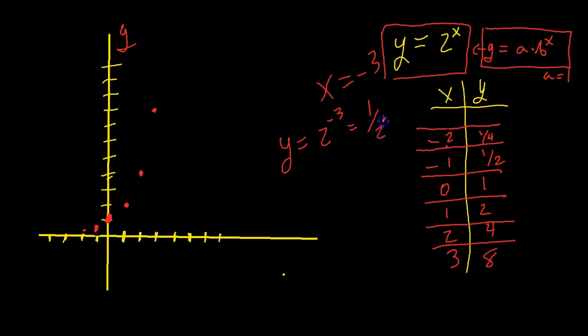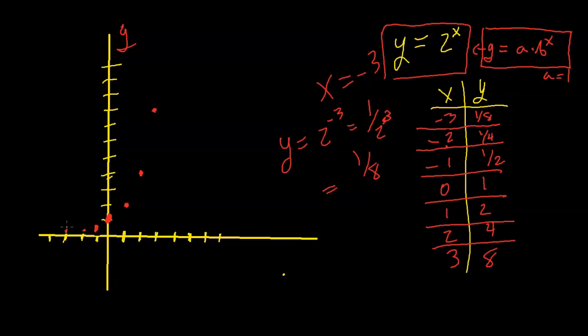Going to get us to 1 over 2 to the 3rd power, that's 1 over 8, correct? So when x is -3, y is going to be positive 1 over 8. So our y is going to be really small, right? Positive 1/8. That gets really small, right?